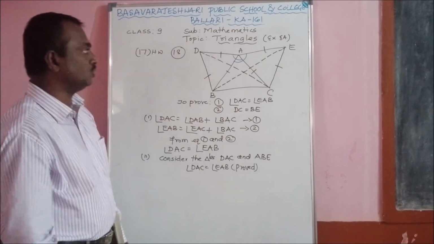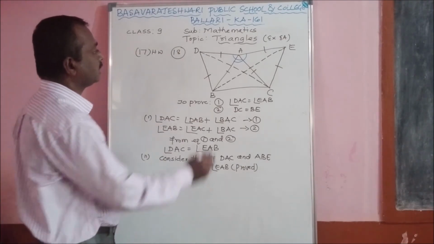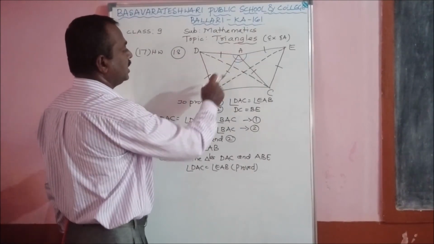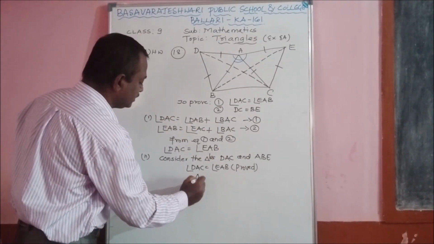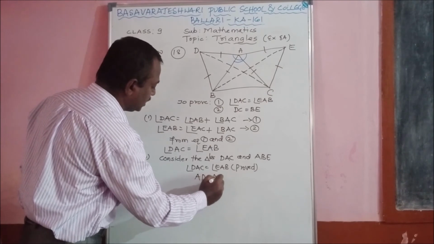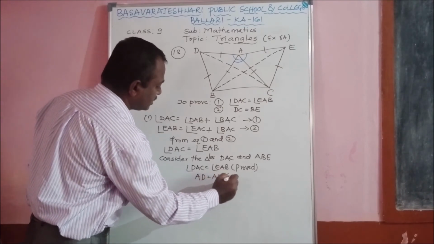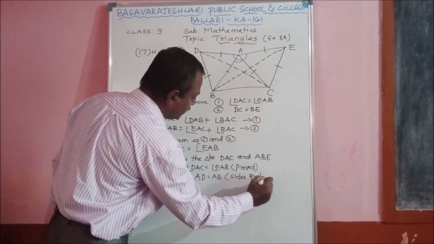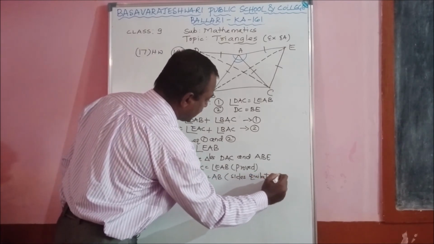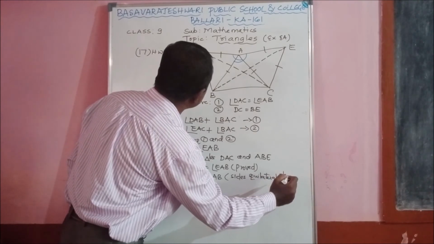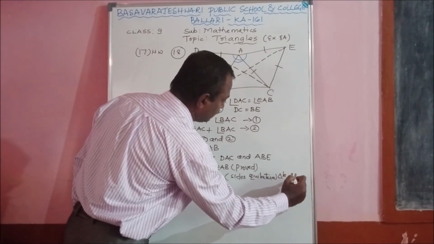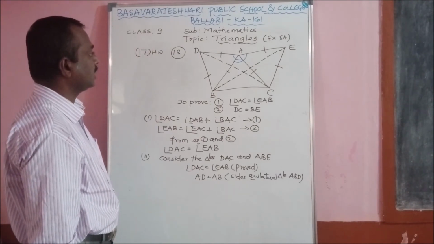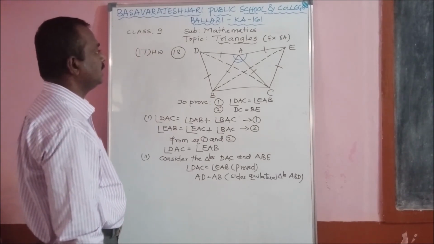Now, observe here. AD is equal to AB, sides of equilateral triangle. What is the triangle? ABD.